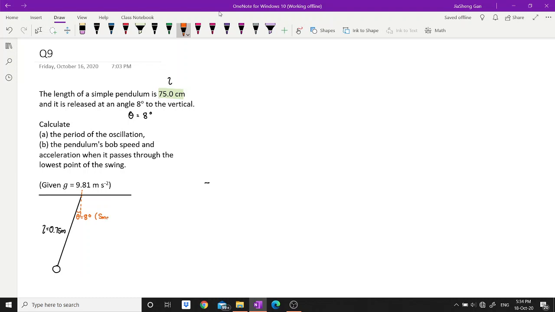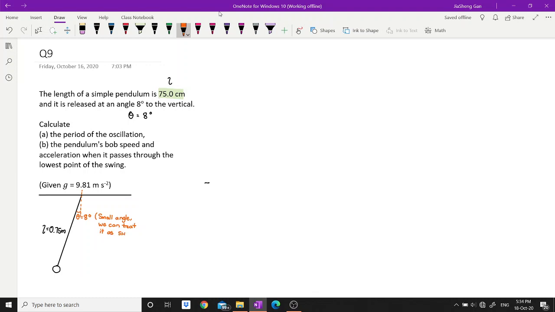It's telling us that it's a small angle. If it's a small angle, only then can we treat it as SHM. If it's not a small angle, if it's 30 degrees, 40 degrees, then it's not an SHM anymore. We cannot approximate it as an SHM.